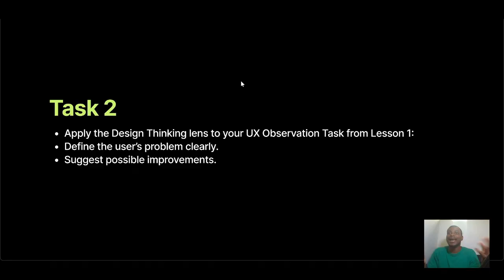Then task two now is, in this case, you just empathize, right? You just put yourself in the shoes of the user. The next thing is to define the problem, clearly state it. Let me give a practical example. Before the TikTok comment section was updated, you could only type, but now an update was done so that you can send pictures and stickers in the comment section on TikTok.